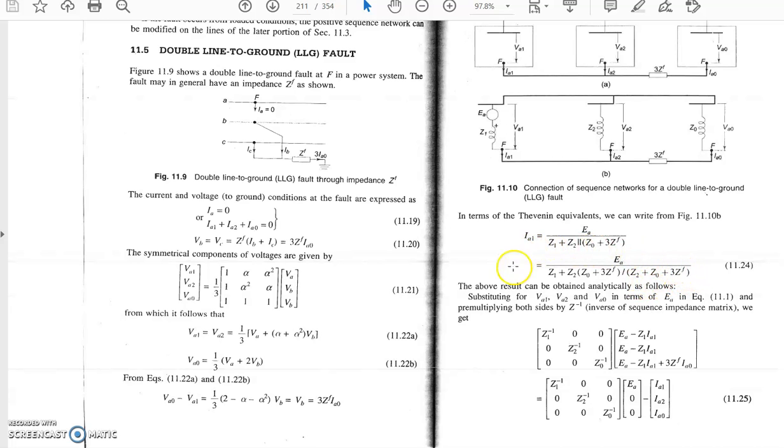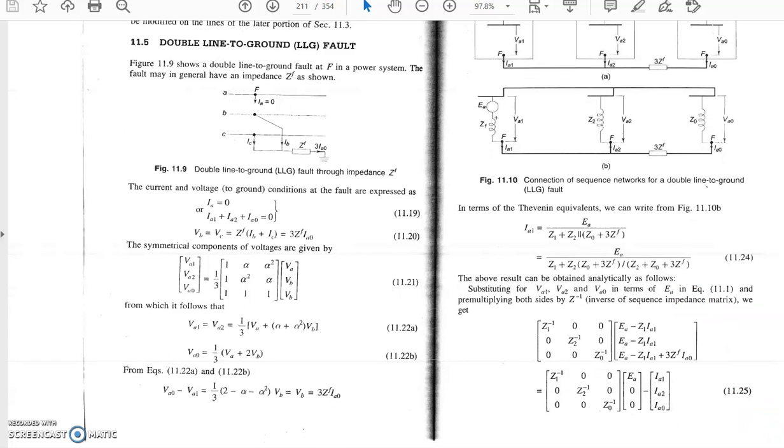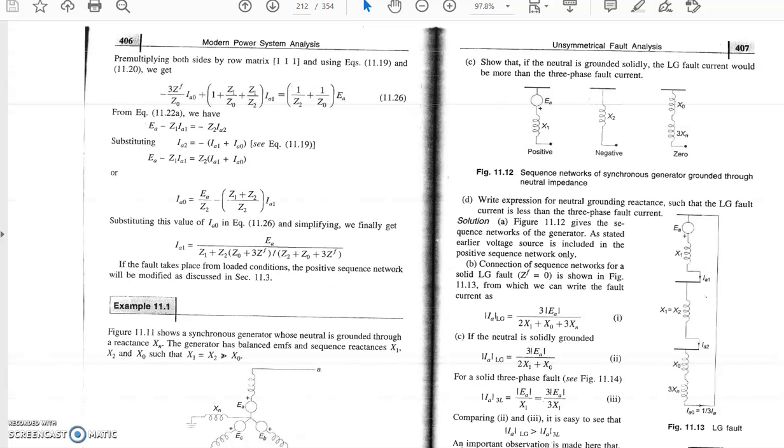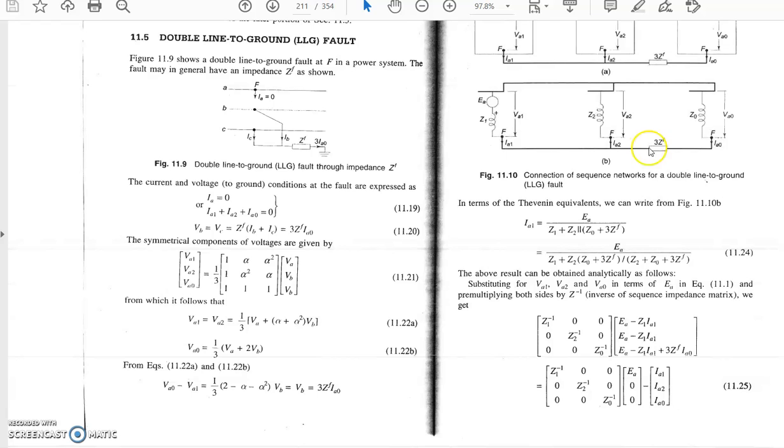So the value of IA1 will become EA upon the total impedance of this circuit. This is how we can find the value of IA1. From the value of IA1, we can get the other parameters also. This is an alternate method for finding the value of IA1, but we have to focus on the first method.